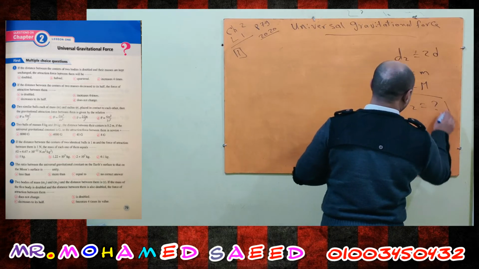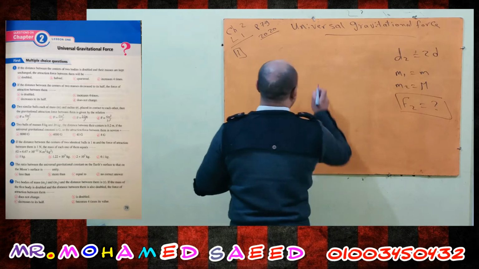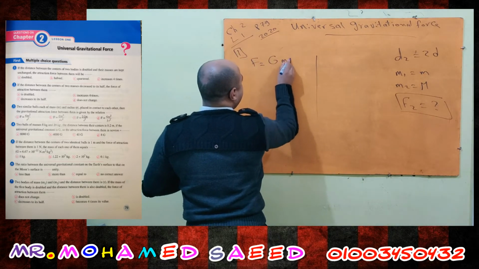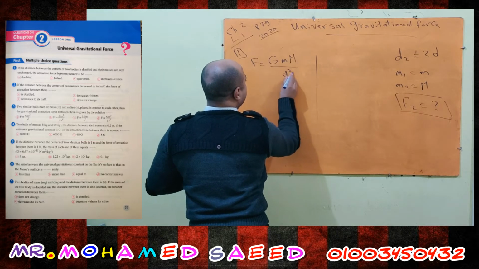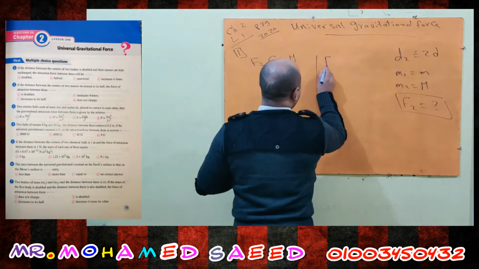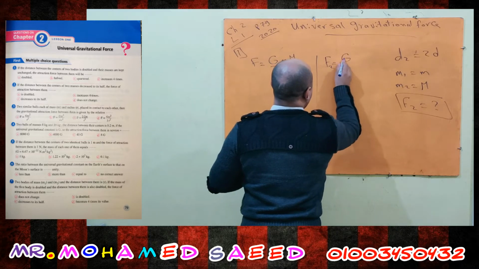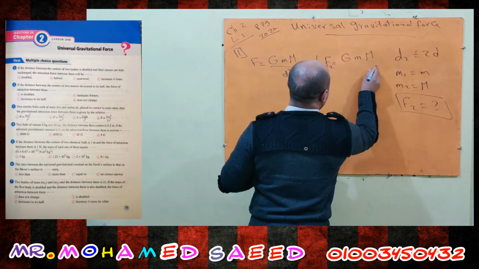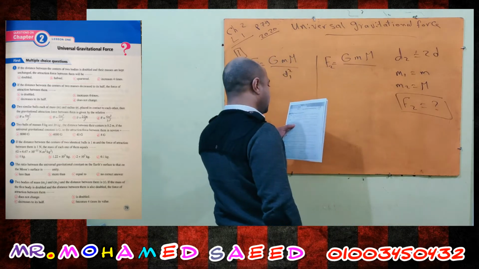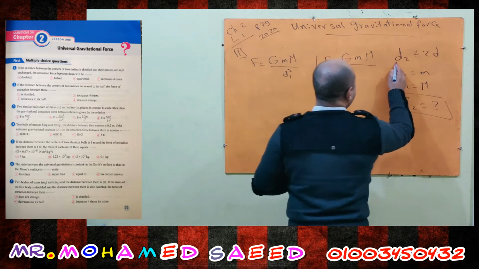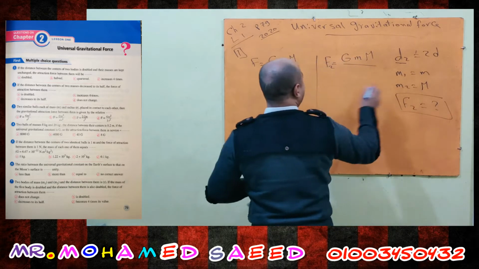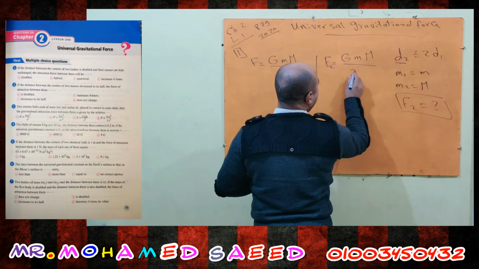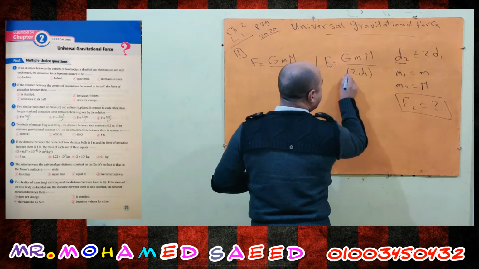The new force between them equals what? Before changing, force equals G capital M over D1 square. The new force F2 equals G capital M small, M capital, they are kept unchanged. But D2 equals what? 2D1. So we can replace D2 by 2D1 all power 2.